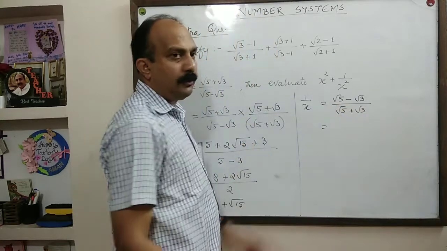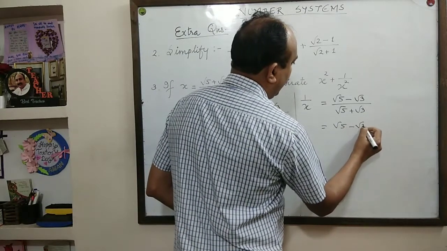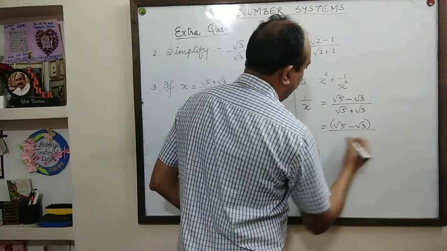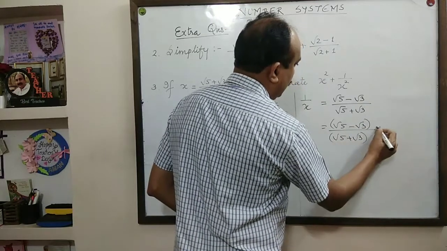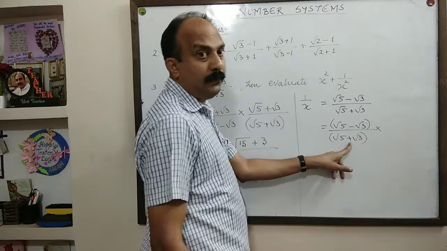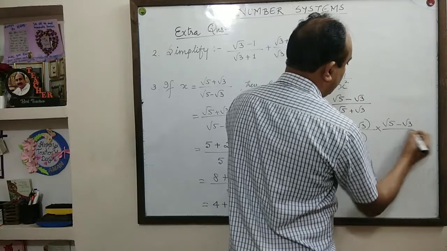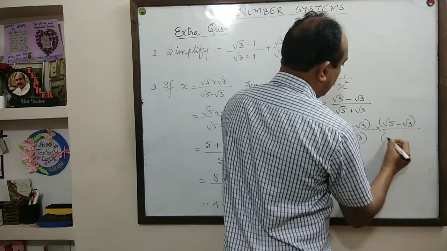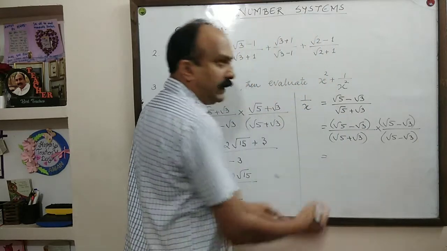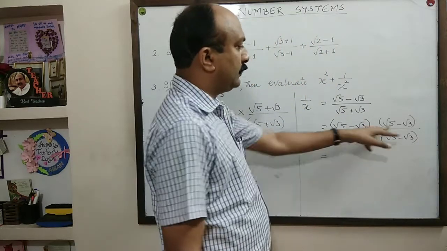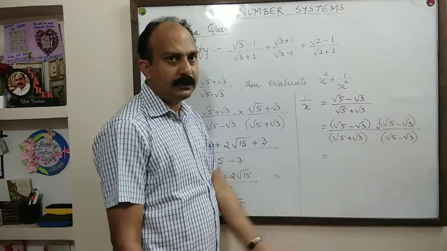Multiplying the numerator and denominator by the conjugate, root 5 minus root 3, it will become root 5 minus root 3 upon root 5 minus root 3. The numerator is in the form of root 5 minus root 3 into root 5 minus root 3, that is root 5 minus root 3 the whole square.